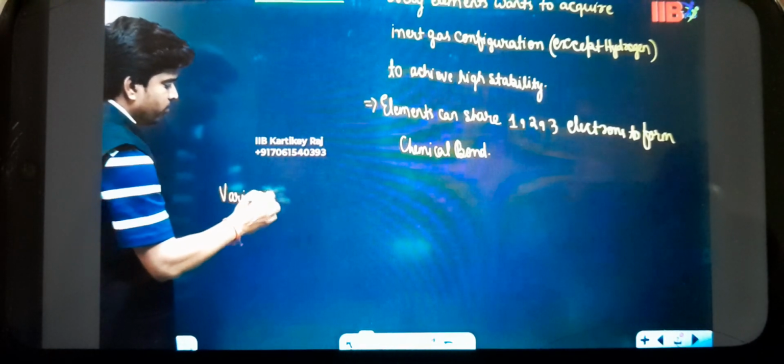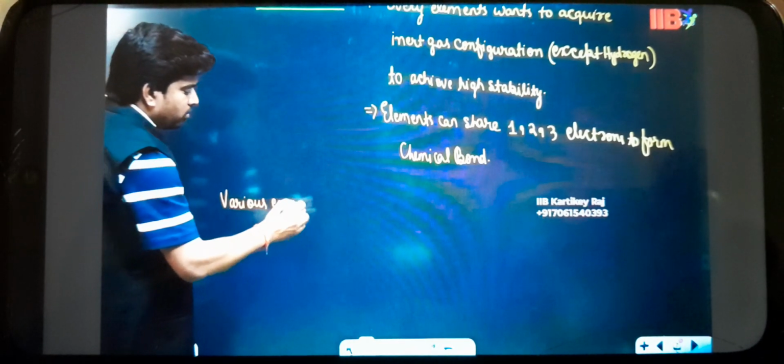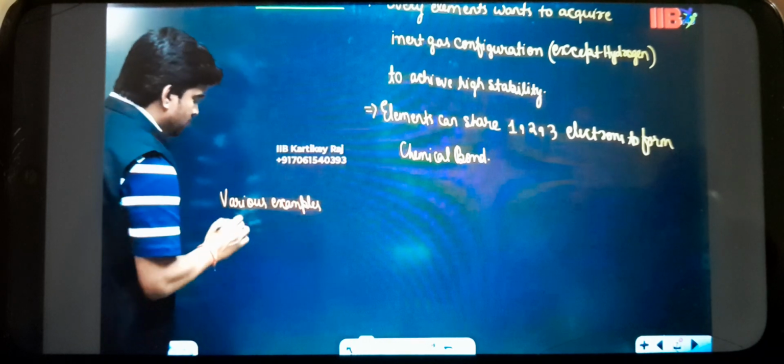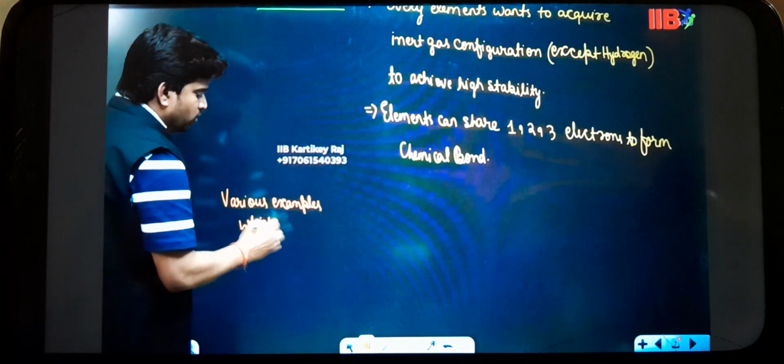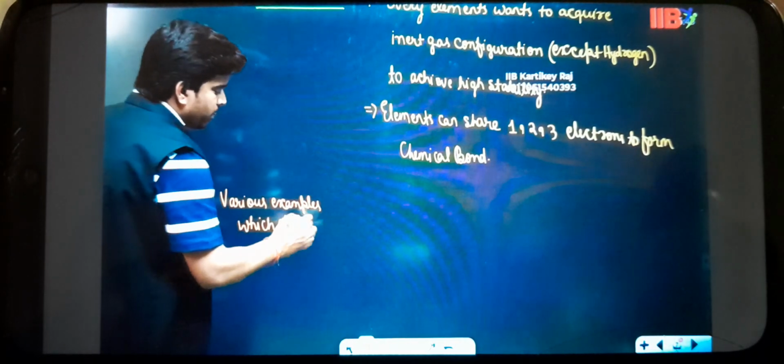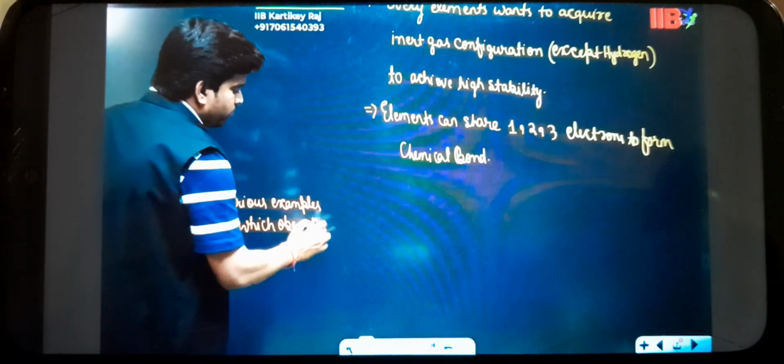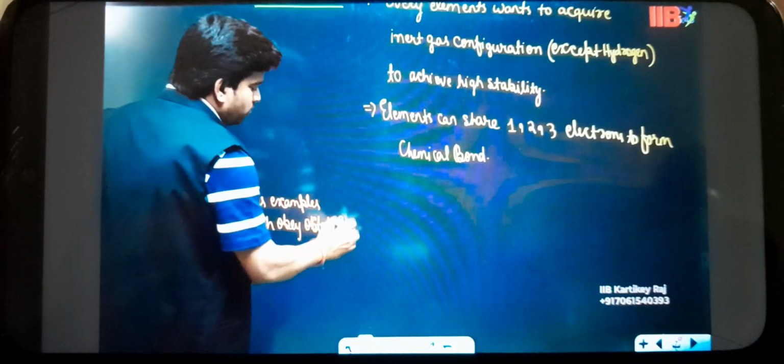See the various examples which obey the octet rule.